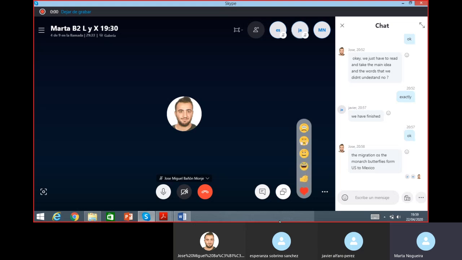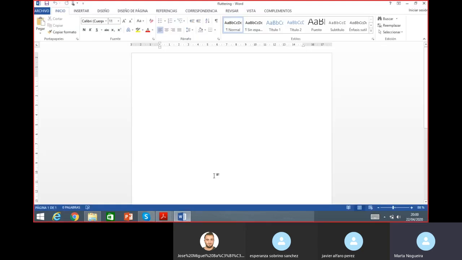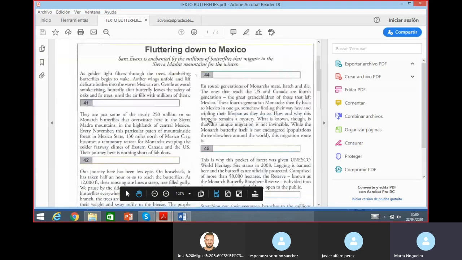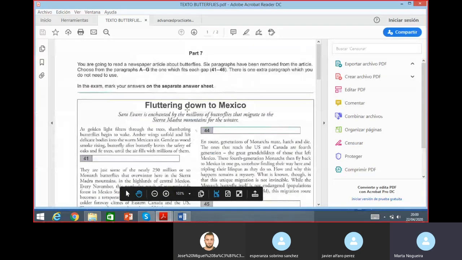Okay, so in the text we find things or vocabulary related to butterflies, such as slumber, which is for animals in general, unfold, related to the wings of the butterfly, flutter, to flap. We will see. Okay, so in the first paragraph, you've got fluttering down to Mexico.